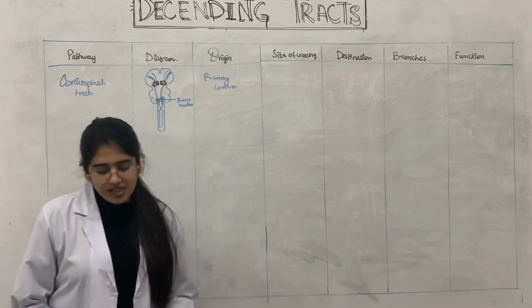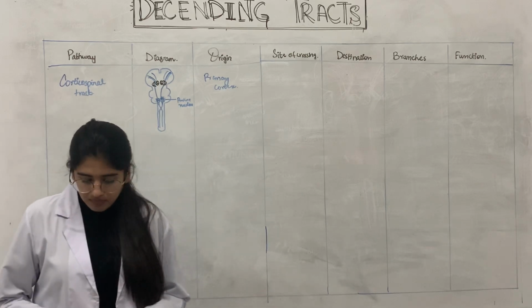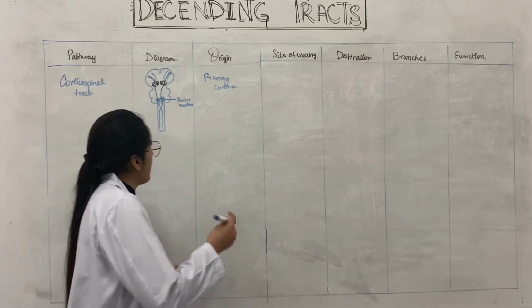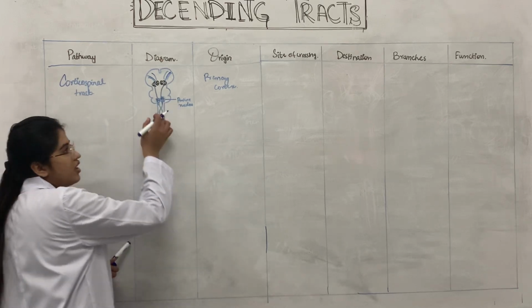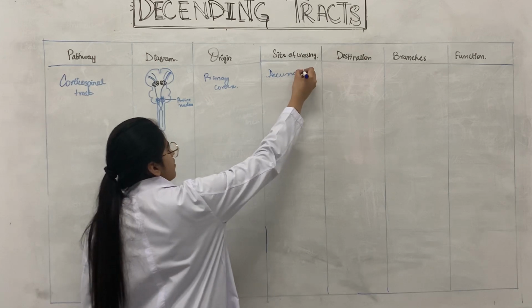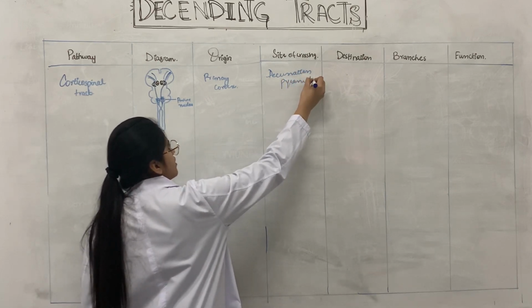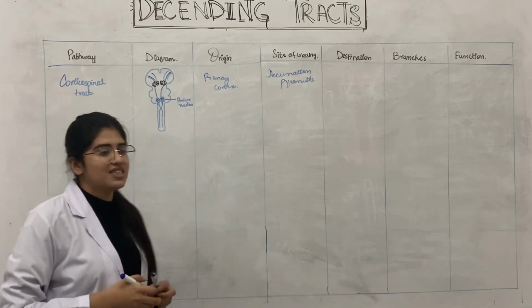Now the next thing is, what is the site of crossing? The site of crossing would be the decussation of the pyramids. You remember the pyramids here? So the decussation of pyramids is the site where they will be crossing over. And what is its destination?